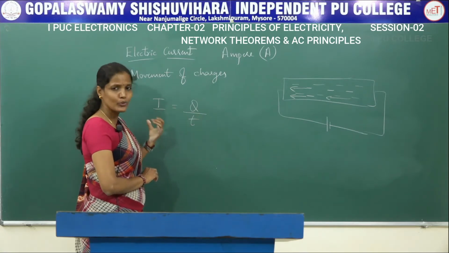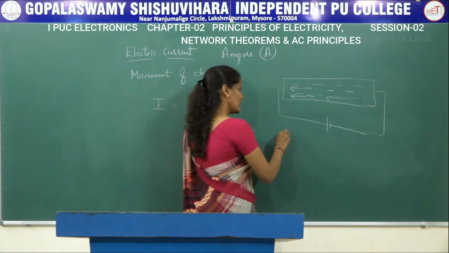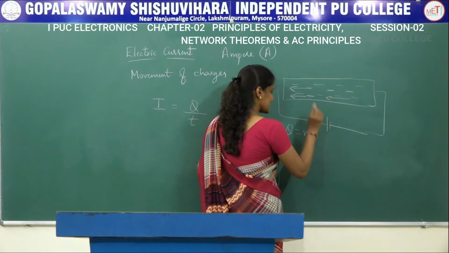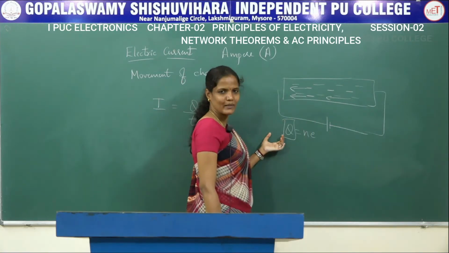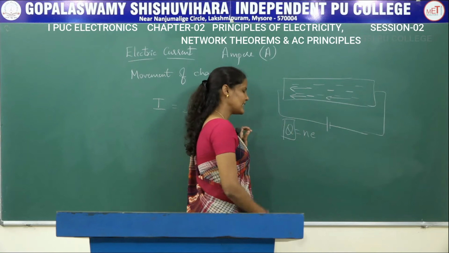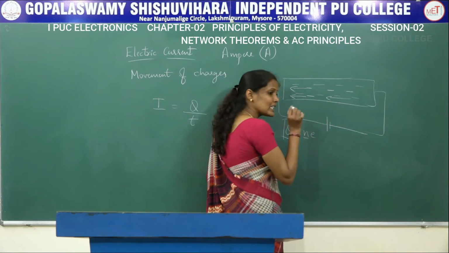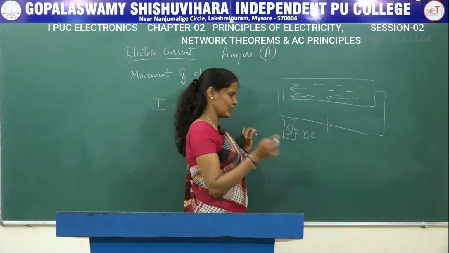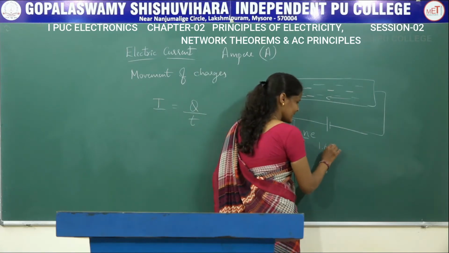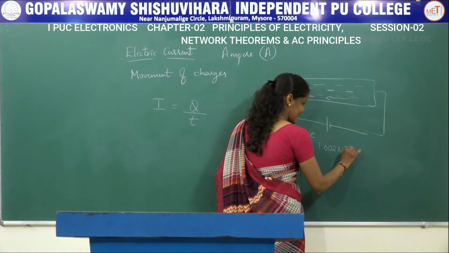I is nothing but the current. I is equal to Q divided by T, but Q is equal to N E, where Q is the charge, N is the number of electrons, and E is the charge of that particular electron, which is equal to 1.602 into 10 to the power of minus 19.